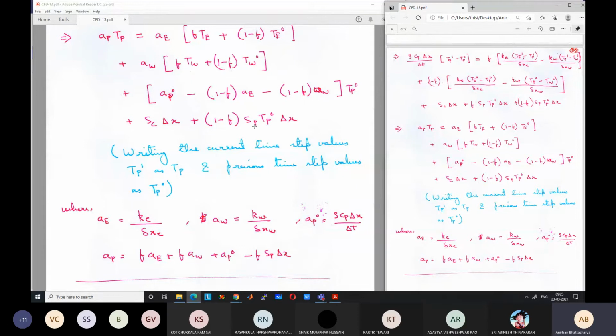Only thing is that the values of AP, AE, AW and all this will be different. AE dash will be AE into F. Similarly, AW dash will be AW into F, and the source term B also will be quite different. But these all can be calculated based on known values, and ultimately you have to just supply them to the solver for solving this equation.